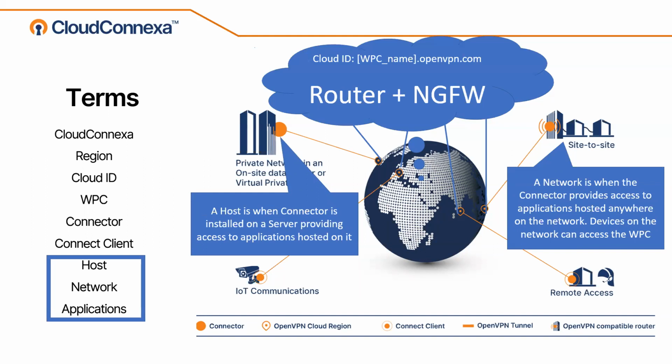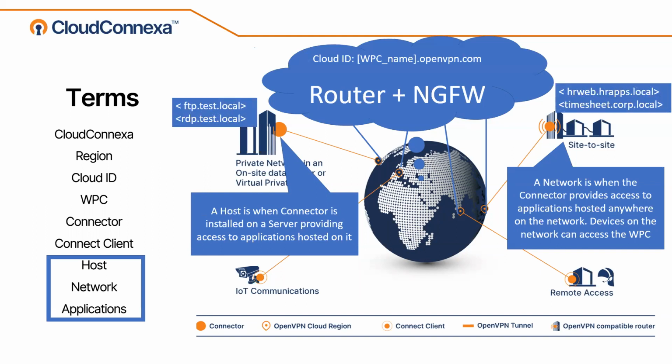Whereas a private network, which provides access to the WPC for the devices on a network and also provides access to others for applications that are hosted on the network or site, is represented as a network entity in CloudConnexa. Now, applications are services that are identified by a domain name that are made accessible to the WPC.